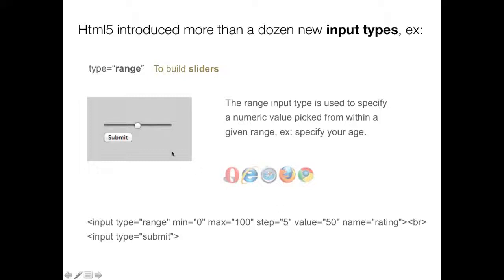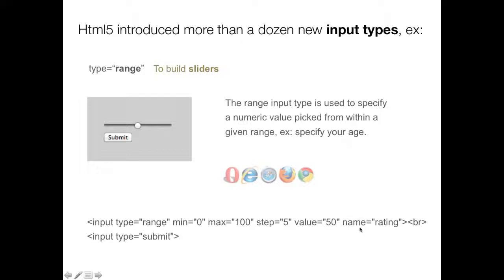Value 50 is where you would want the slider to be when the page loads. So 50 is the middle. If you want it at 25, you would just say 25 here so that the slider is at 1/3 the width. Name rating. The name attribute is extremely important, and we'll explain it later in the lesson.